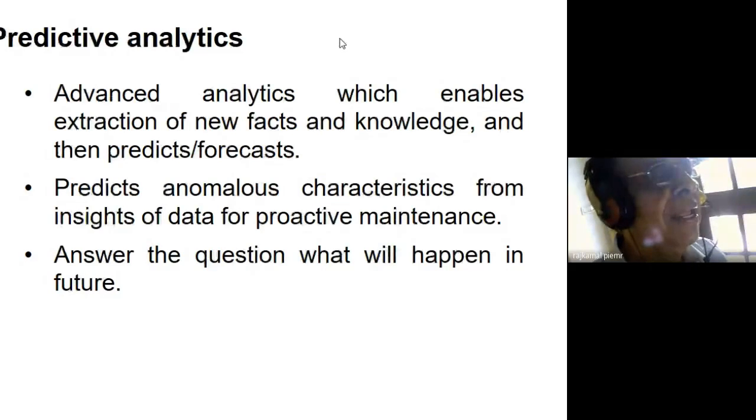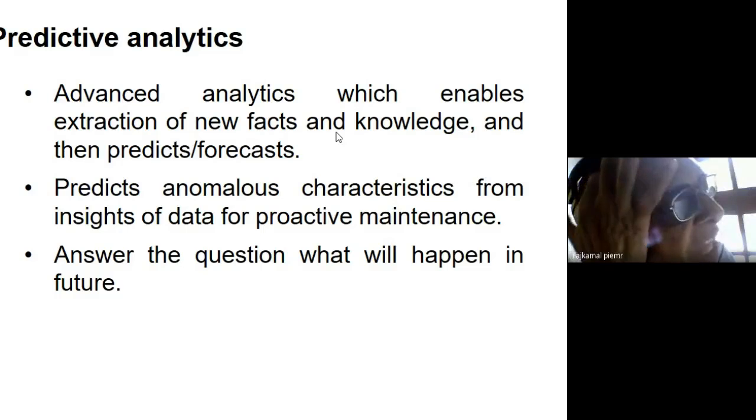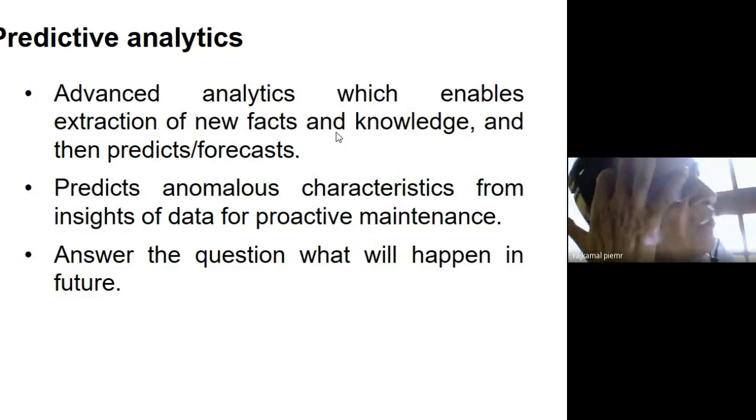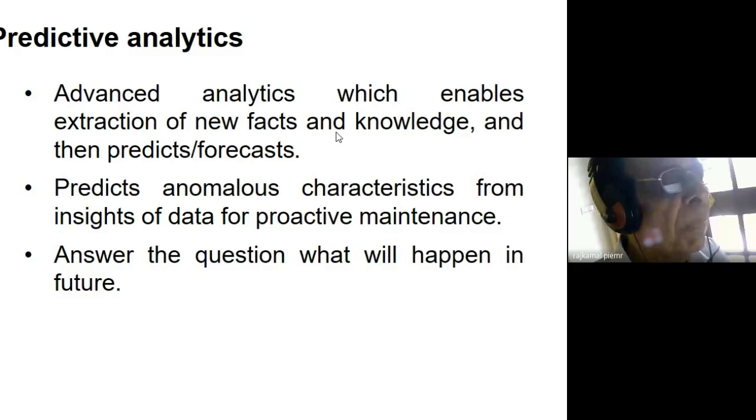Predictive analytics will predict anomalous characteristics from the insight of data. It will tell the need of proactive maintenance. For example, your data insight shows that this assembly line from stage number 1 to stage number 2 is showing variation in the timings of the movement of the object.